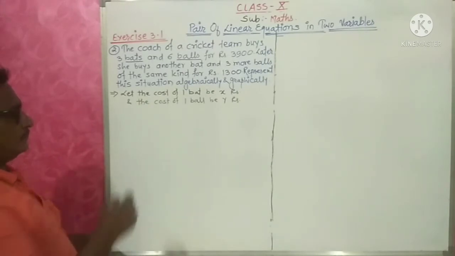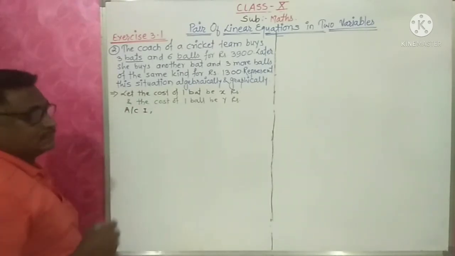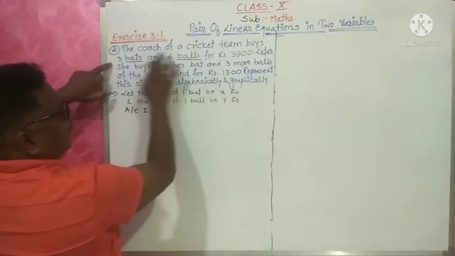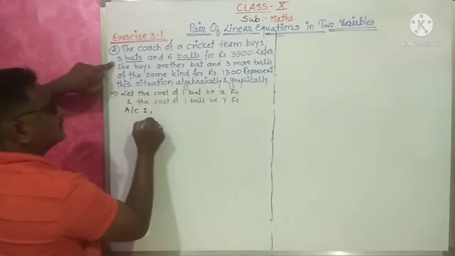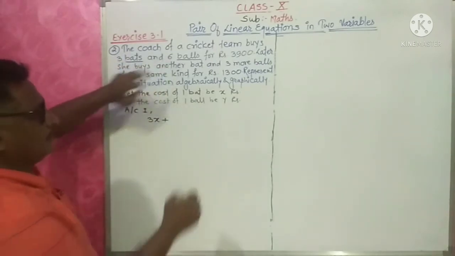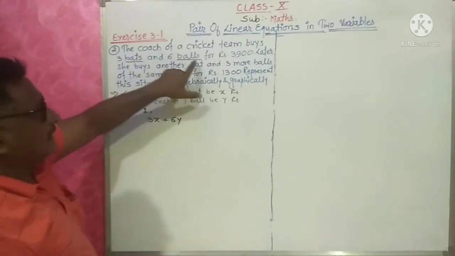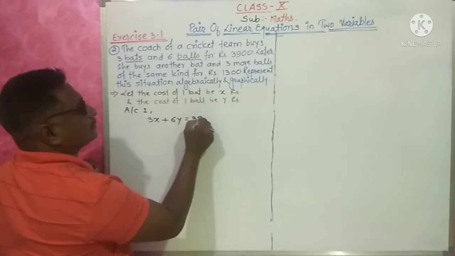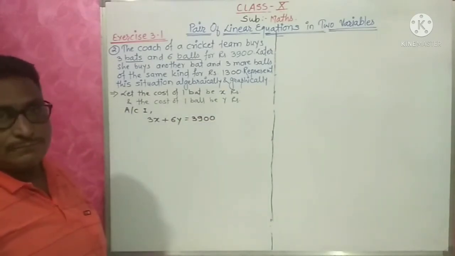Now the condition. What is the first condition? 3 bats, 6 balls. So 3 bats means 3x plus 6 balls means 6y. Together, what is the price? 3,900. Got the equation?